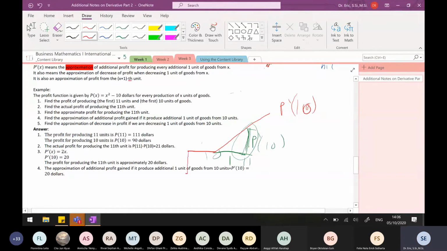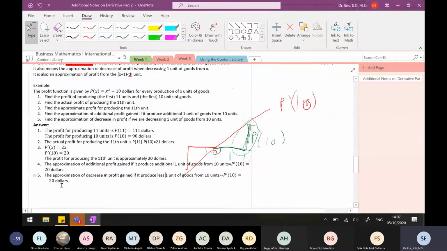What is the decrease in profit? Number 5. Is it the same? Yes, but minus. P prime 9. So it is minus $20. The approximate decrease in profit if it produces 1 unit less of goods from 10 units.